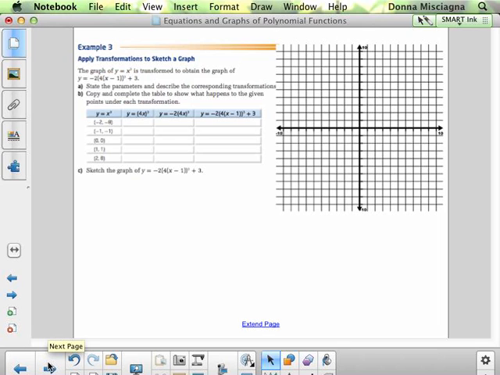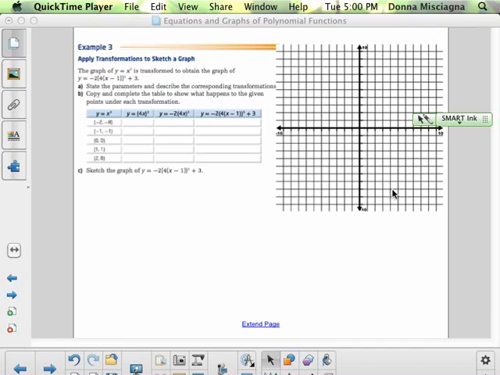All right, so we can do each of these transformations. And the best thing to do is to just take your base graph, the points on your parent graph, and then adjust those to match. So this one, I believe, is in the notes. We want to graph, use the graph of y equals x cubed to graph y equals negative 2 times 4 times x minus 1, all cubed, plus 3. So the negative 2 is not cubed.